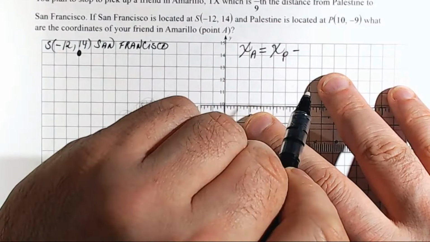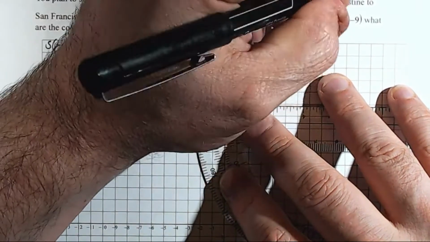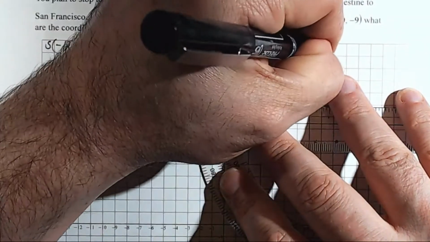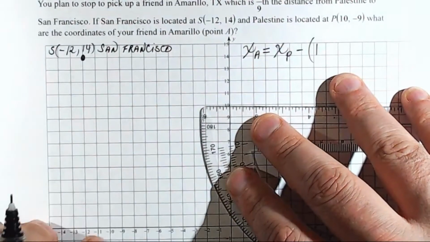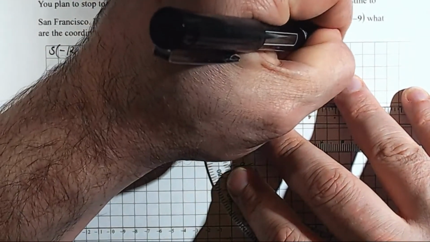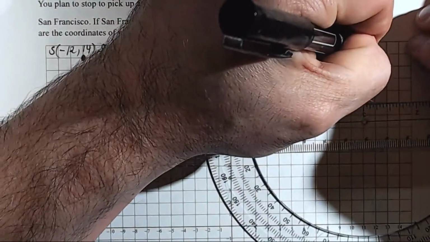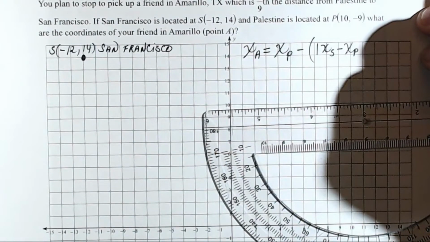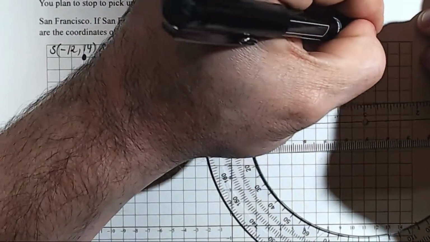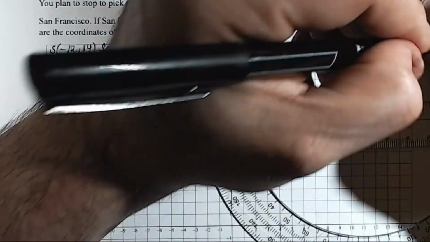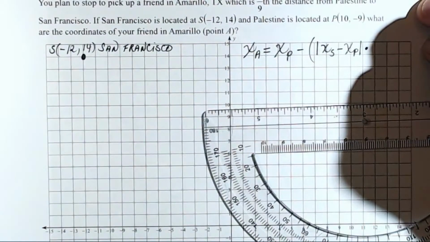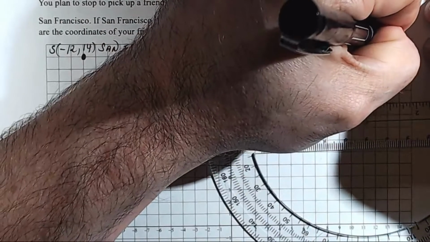Because before we were adding, now we're subtracting out the fractional distance component. That's open parentheses, absolute value bar, and we need to sub in the difference between x sub s and x sub p. So the x values of San Francisco and Palestine, we're going to take the difference of those, then take the absolute value of that difference, so we have a positive number, and multiply that times 1/9.